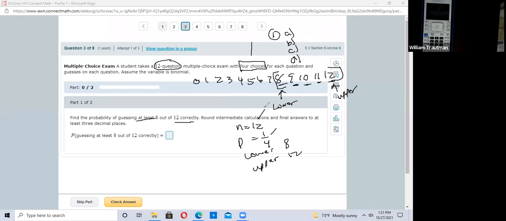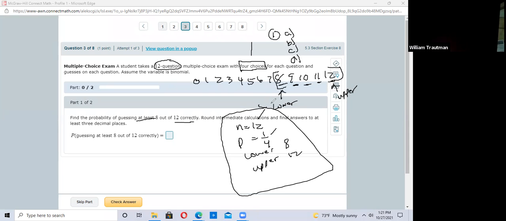So this is what I'm typing into the calculator, menu 55B, because it doesn't say equals, it says at least. So that's what we're going to put in our calculator. I'm going to turn it on and go to menu 55B, which is binomial CDF. Number of trials is 12. Probability is 1 divided by 4.